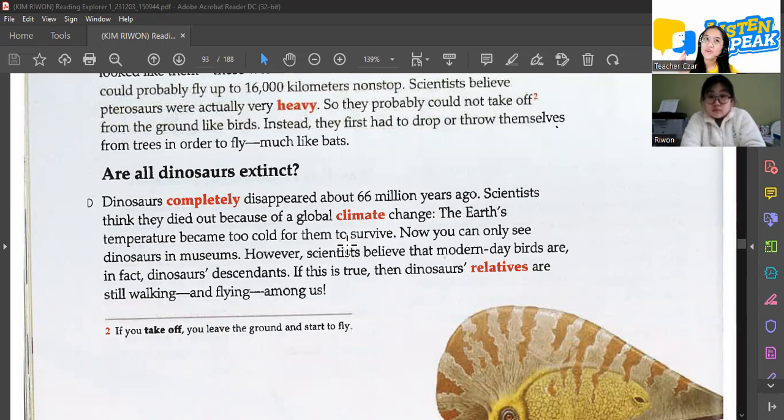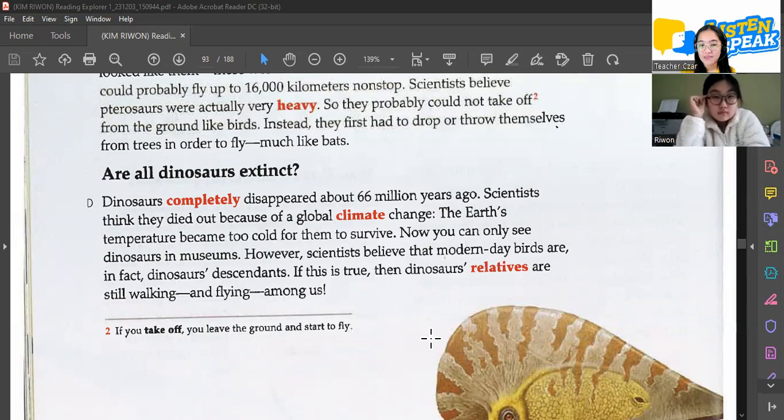Okay, so like what you said earlier, the chickens, right? So chickens are considered dinosaur descendants because they have some features of a dinosaur. Lastly, if it is true, then dinosaurs' relatives are still walking and flying among us, like chicken, because chicken is also known as a descendant of dinosaurs.